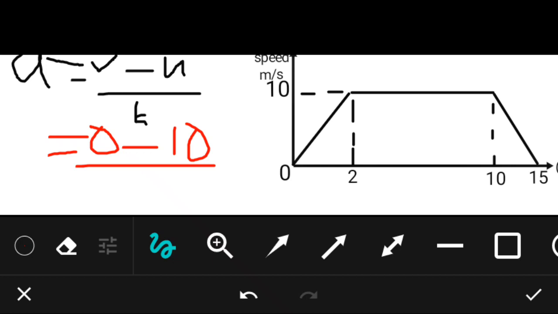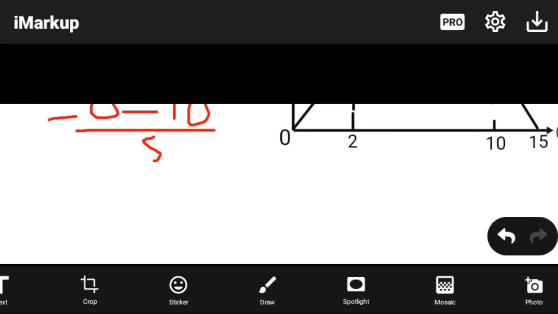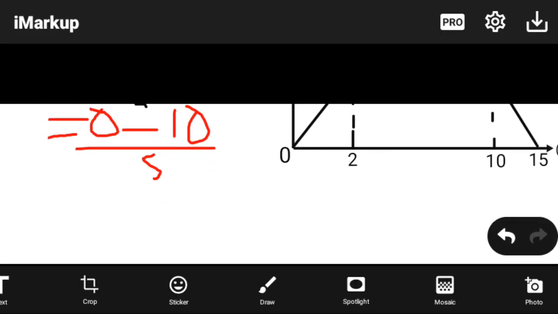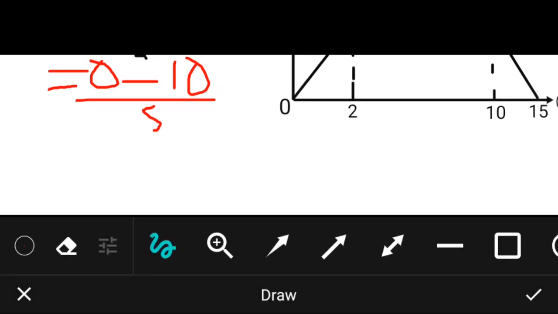They are saying retardation in the last 5 seconds, so we put 5 down there. When you subtract 0 minus 10, you get negative 10.